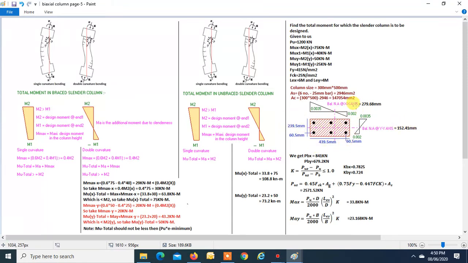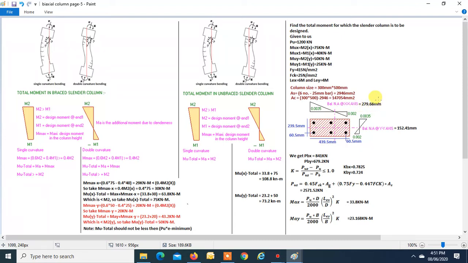So once we have found the depth of the balanced neutral axis, we can find the corresponding balanced load, say in x direction. Sorry, over here PBX. This is the balanced load in x direction. How do we find it?